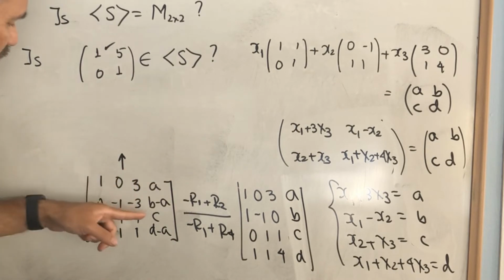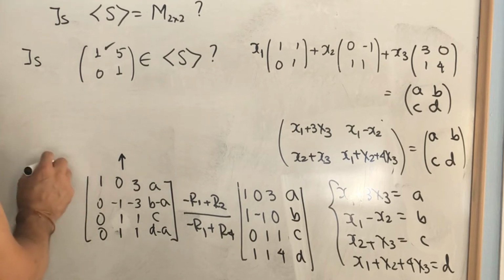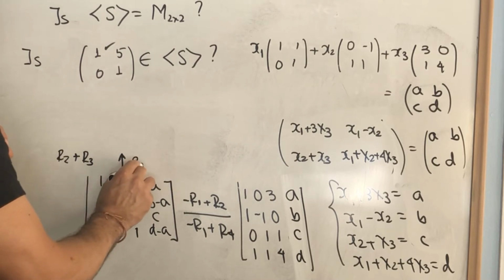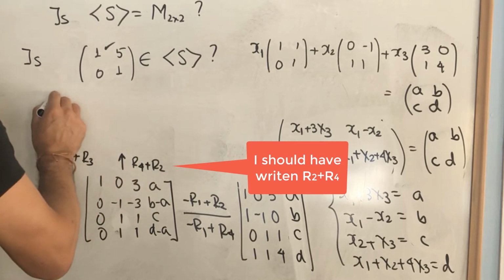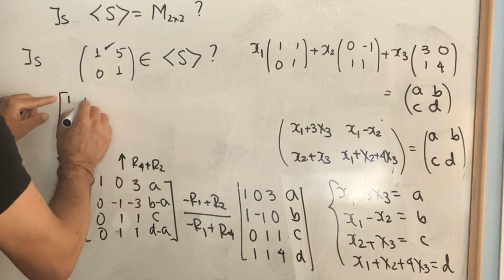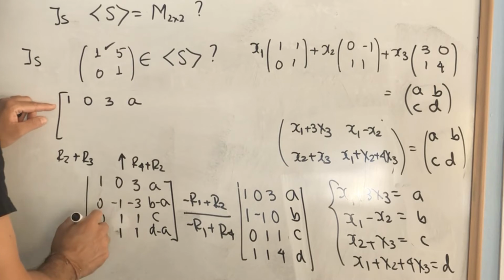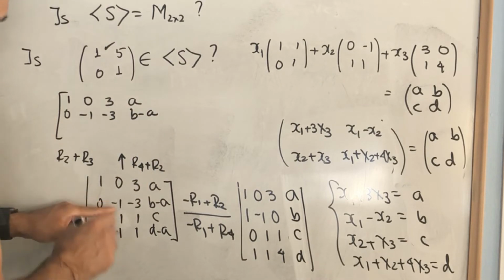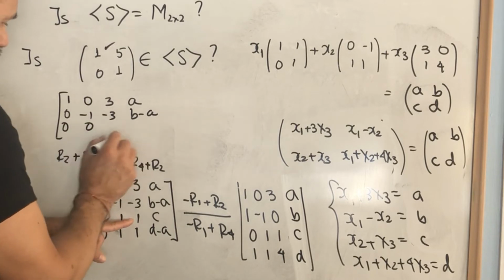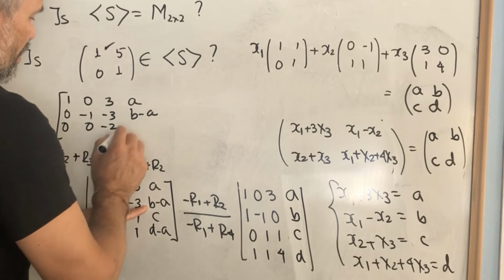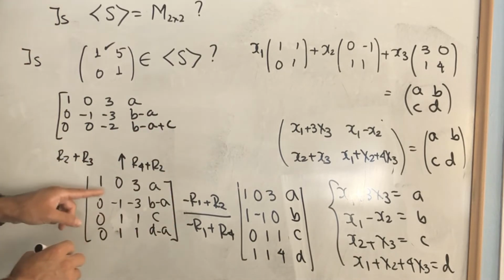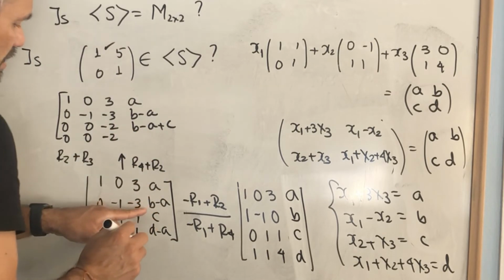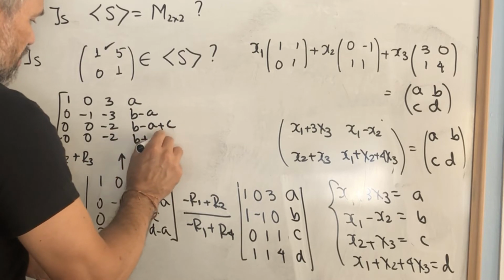What row operations can we do here? We can use this negative 1 to put zeros here and there, and then we're going to change row 3 by adding row 2, and I'm going to change row 4 by adding row 2, and then we get the matrix 1, 0, 3, A, 0, negative 1, negative 3, B minus A. I'm going to do the sum of these two, then I get 0, 0, negative 2, and here is B minus A plus C. And here when I do the sum of these two, I get 0, 0, negative 2, and here I get B plus D minus 2A.